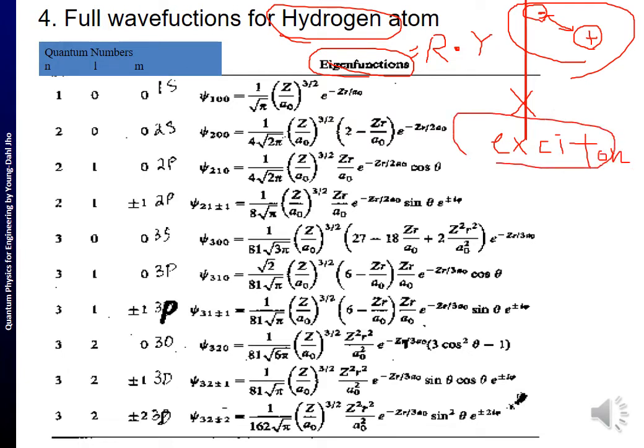Exciton is a particle formed by an electron and a hole, okay? Instead of a proton, you have the hole, and the other is the electron. They are under Coulomb attraction. You will see this particle many times in semiconductors. And this is almost the same structure as the hydrogen atom, with one exception. The hole is much lighter than the proton.